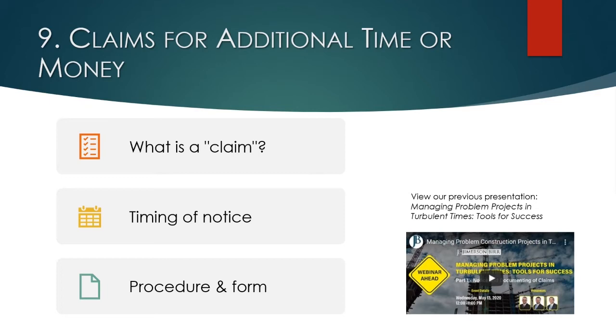When do you provide notice? How do you provide notice? Can it be written or verbal? What type of detail do you need to include in that notice? And you'll see on your screen, we've previously done a robust presentation on this topic. So if you'd like to learn more, I would direct you there.